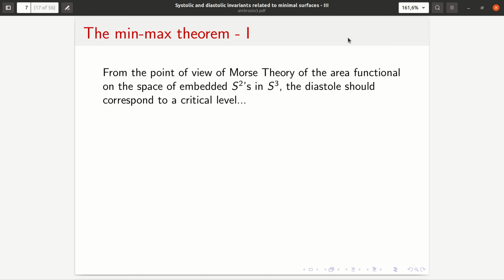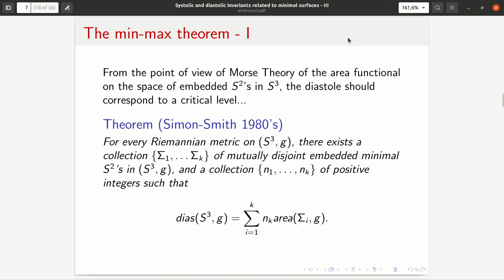They managed to complete the problem, and they proved the following theorem, which I will call the min-max theorem.